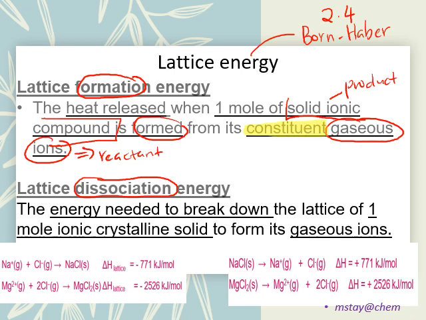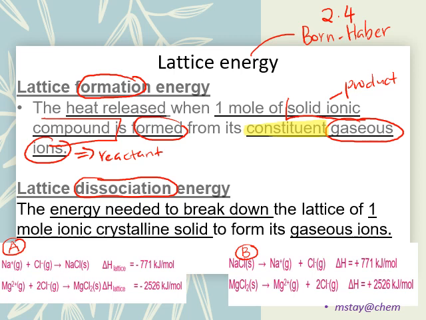Now you will notice that we have 2 groups of thermochemical equations. One group is group A, and another group is group B. Basically, formation and dissociation are reverse reactions.